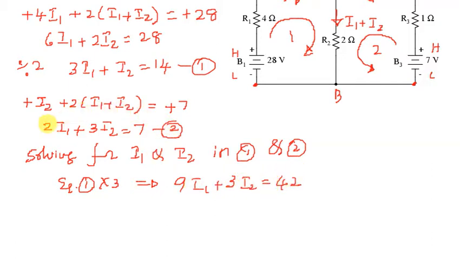And I write the second equation as it is, multiplied by 1, which remains 2 times I1 plus 3 times I2 equals 7.